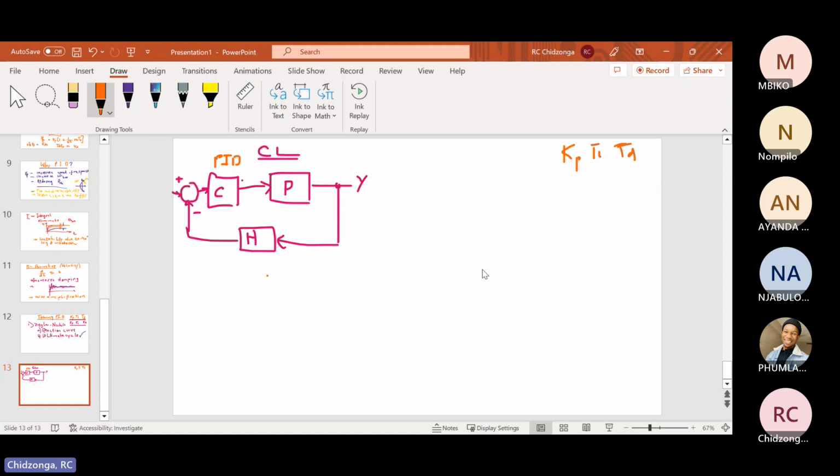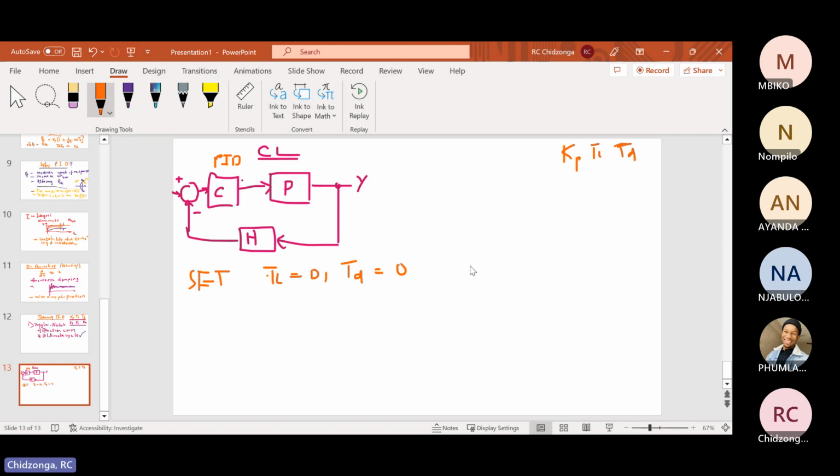What this method says is as follows. First of all, set, you remember the simulation practical? Set TI equals to 0. Set TD equals to 0. That's the first step.